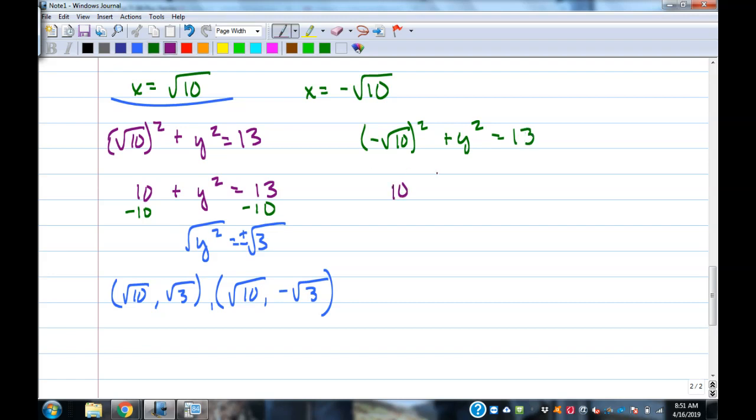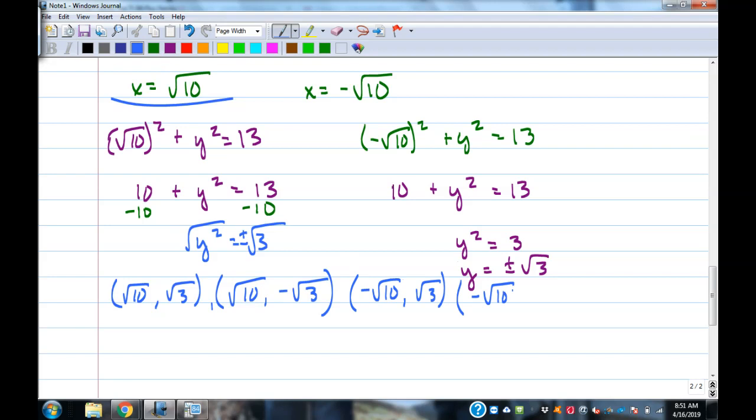That's just going to be 10. It looks like it's going to be the same numbers. So I have the ordered pairs negative square root of 10, positive square root of 3, negative square root of 10, negative square root of 3.